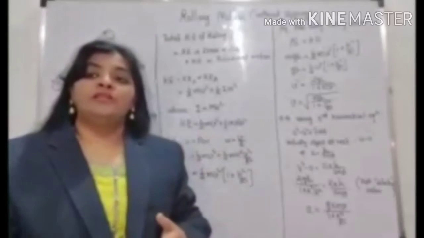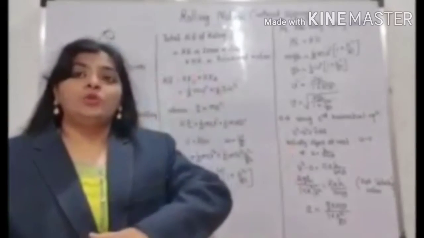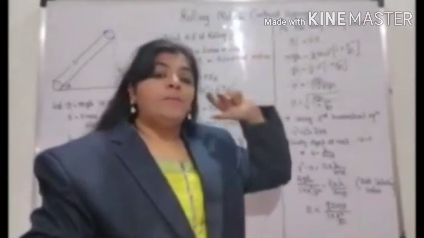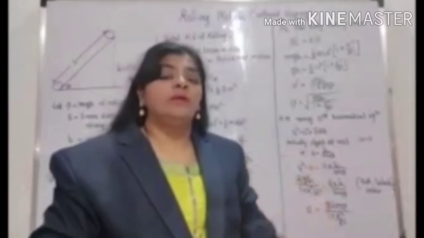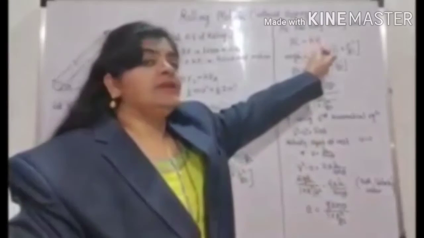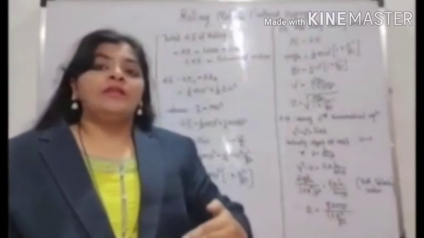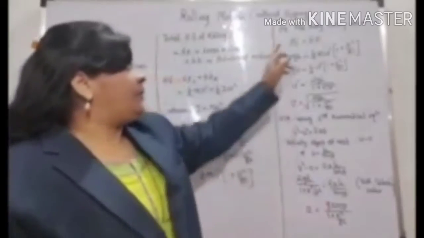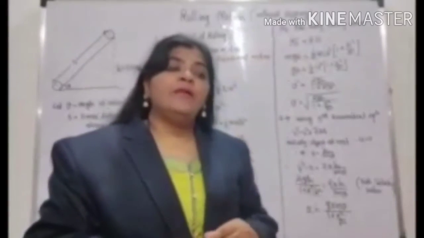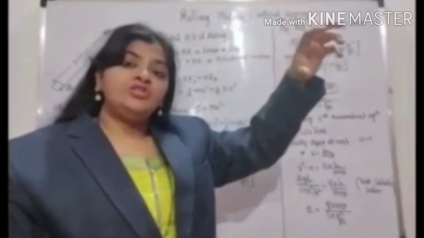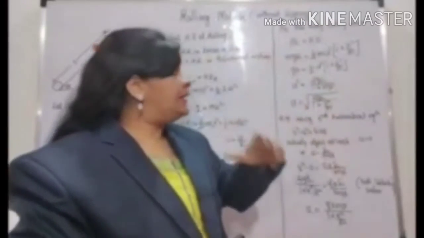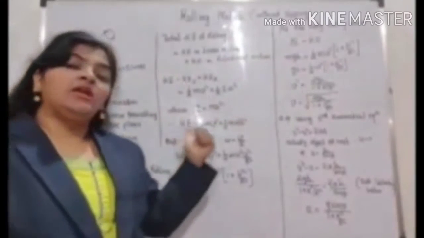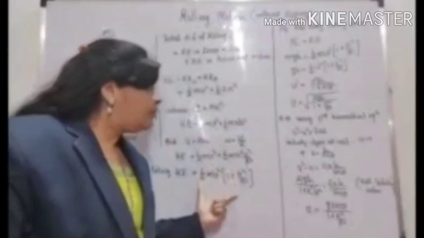That gravitational potential energy is converted into kinetic energy, so we use this formula: decrease in potential energy is equal to increase in kinetic energy. The gravitational potential energy of an object at height h is m g h, and the total kinetic energy of the rolling body we already calculated.